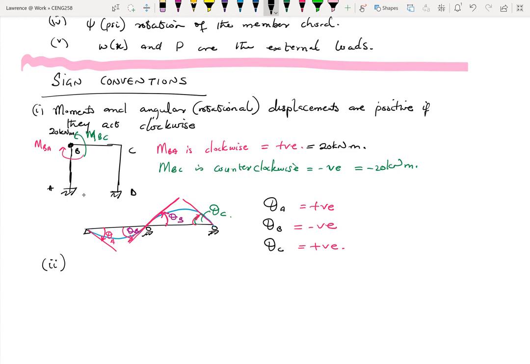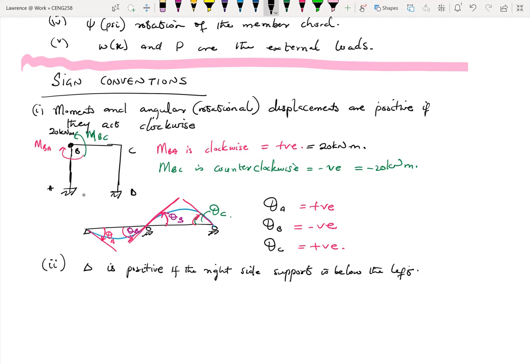So the settlement delta is positive if the right side support is below the left.